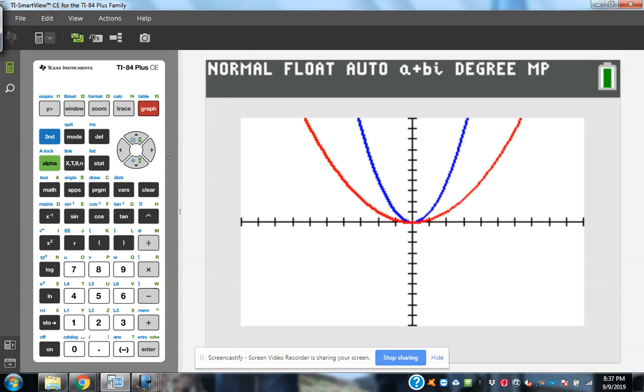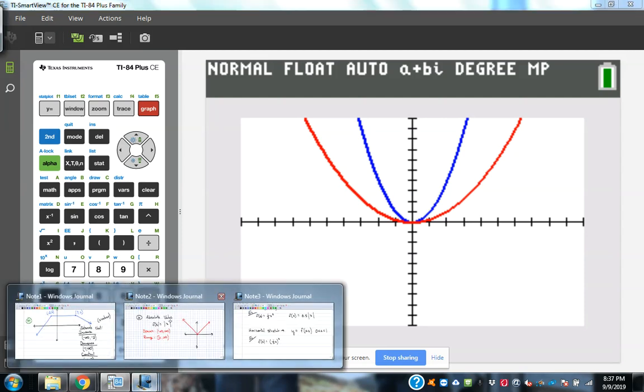Original, there's the horizontal stretch. That looks just like a vertical compression on the graph, but you can't tell until you go look at the equation. Okay, so horizontal stretch and vertical compression look the same on the graph, but the number you're multiplying by is on the inside for horizontal, outside for vertical.